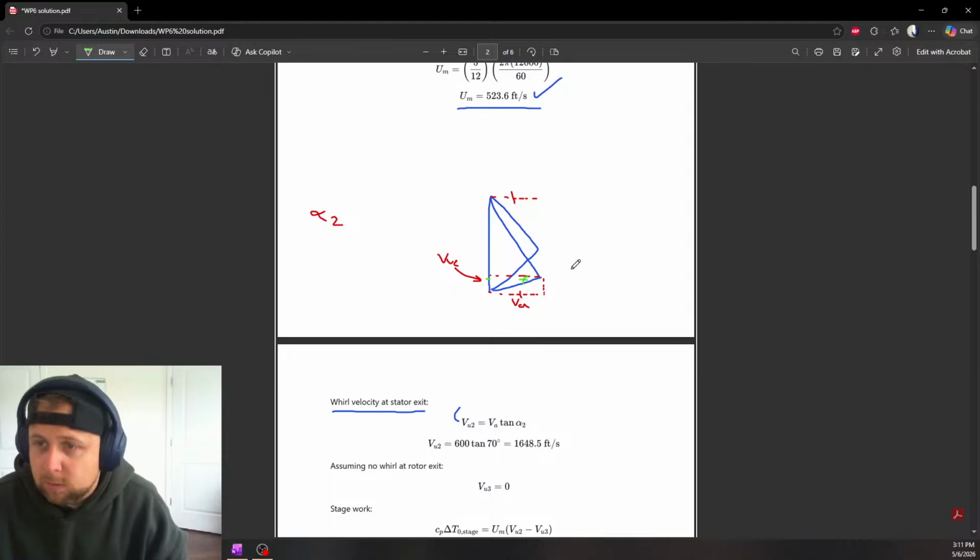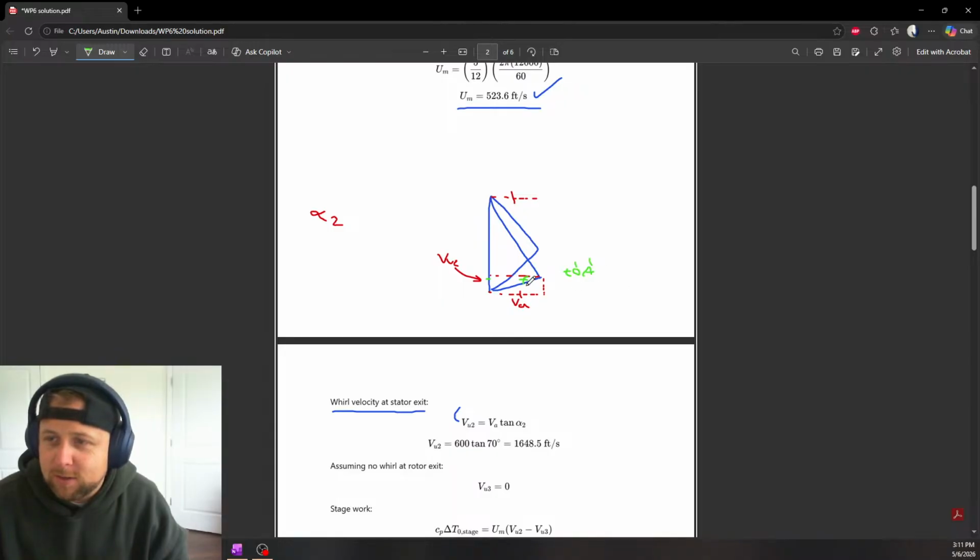Going this way, so that's what our tangent, TOA, opposite over adjacent. So this would actually be tangent of alpha 2 is equal to our opposite VU2 over VA.